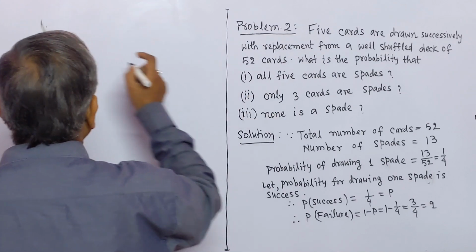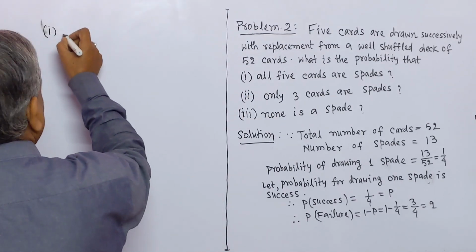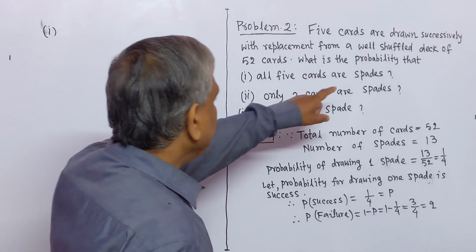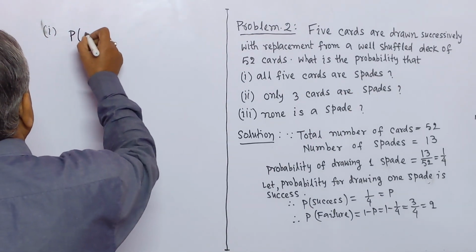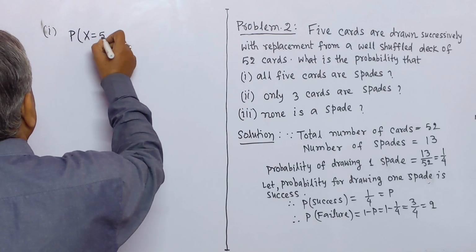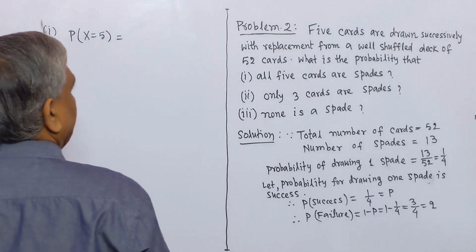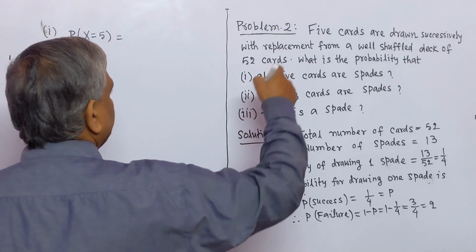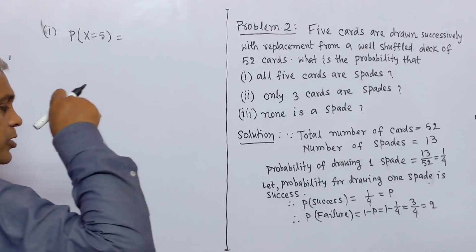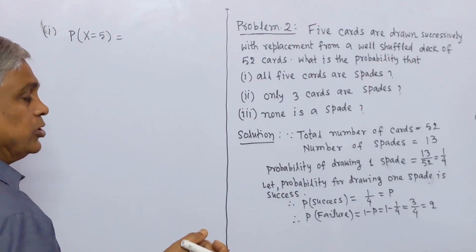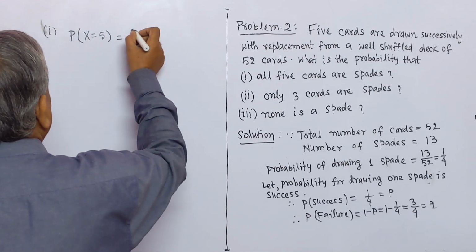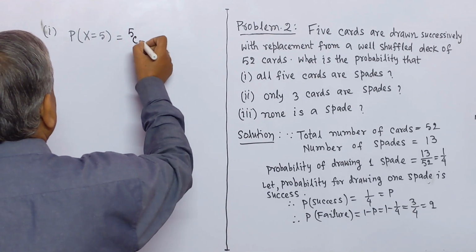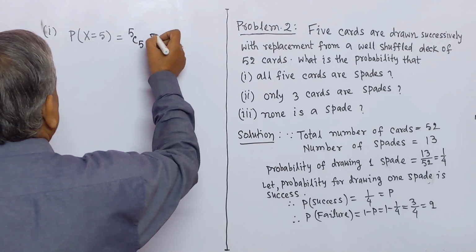Now we solve number 1. Here all 5 cards are spades. Therefore, probability for x equal to 5. Here number of trials be 5, 5 cards are drawn successively with replacement. Therefore, this is 5c5 p to the power 5.